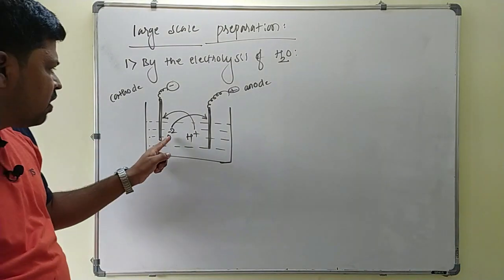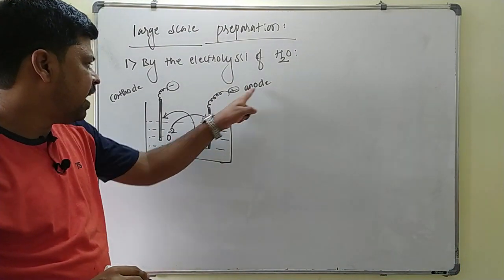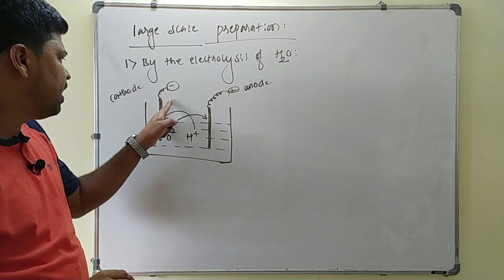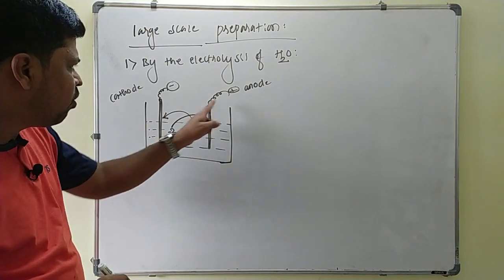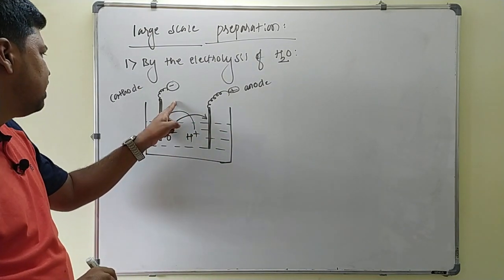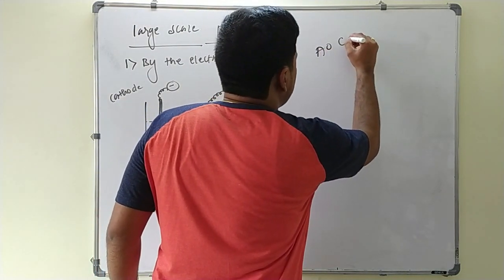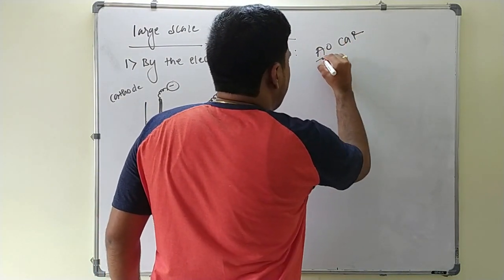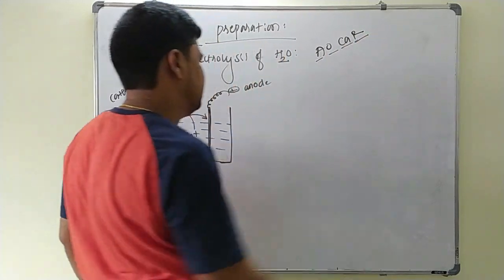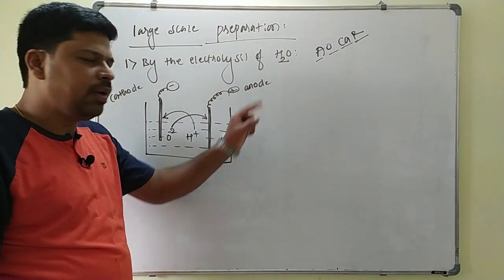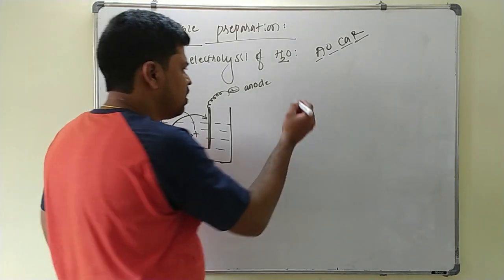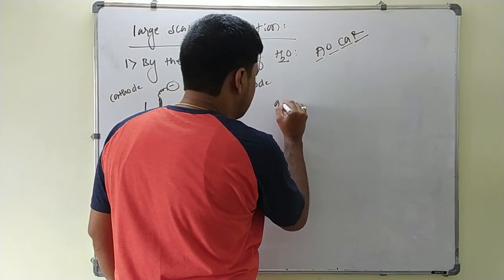So oxygen gas is liberated at the anode and hydrogen gas is liberated at the cathode. At the anode oxidation takes place and at the cathode reduction takes place. You can remember like this, AOCAR, anode oxidation, cathode reduction. So at the anode you will get dioxygen here.